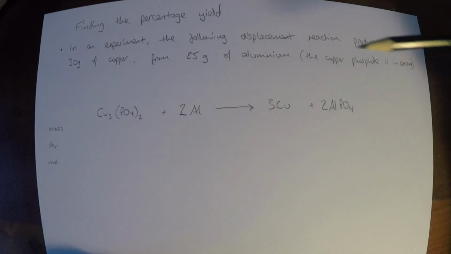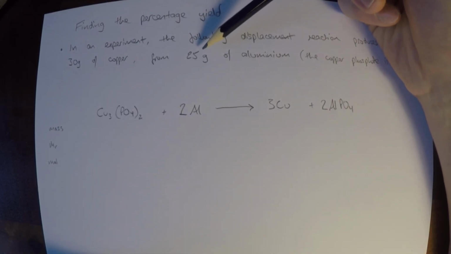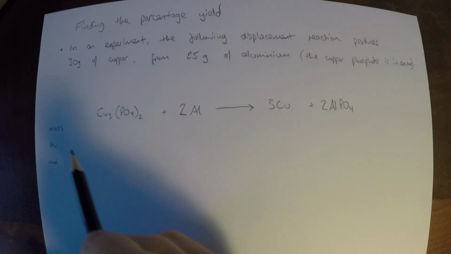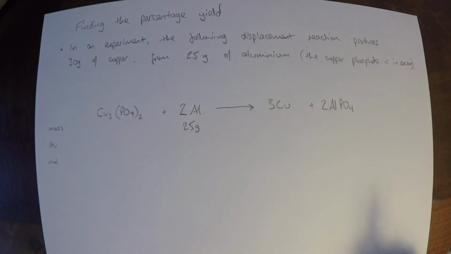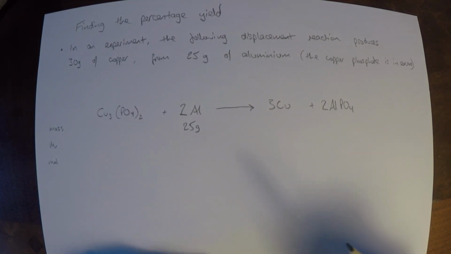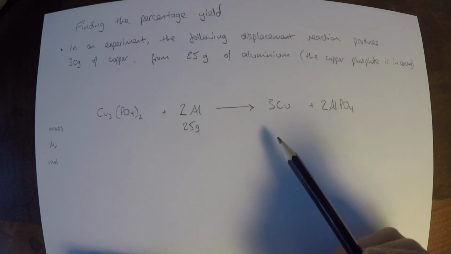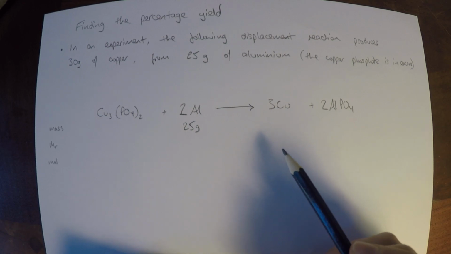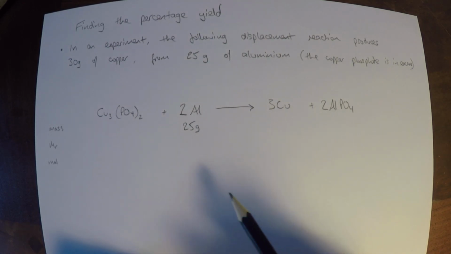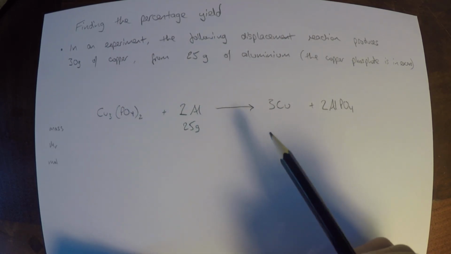Now, the information that we're given in the question here is that we have 25 grams of aluminium to start with. From this 25 grams of aluminium, we can deduce the theoretical yield, the quantity of product that we should make if the reaction was to run perfectly. Now to do this, we first need to work out the moles of the product that we're going to make.